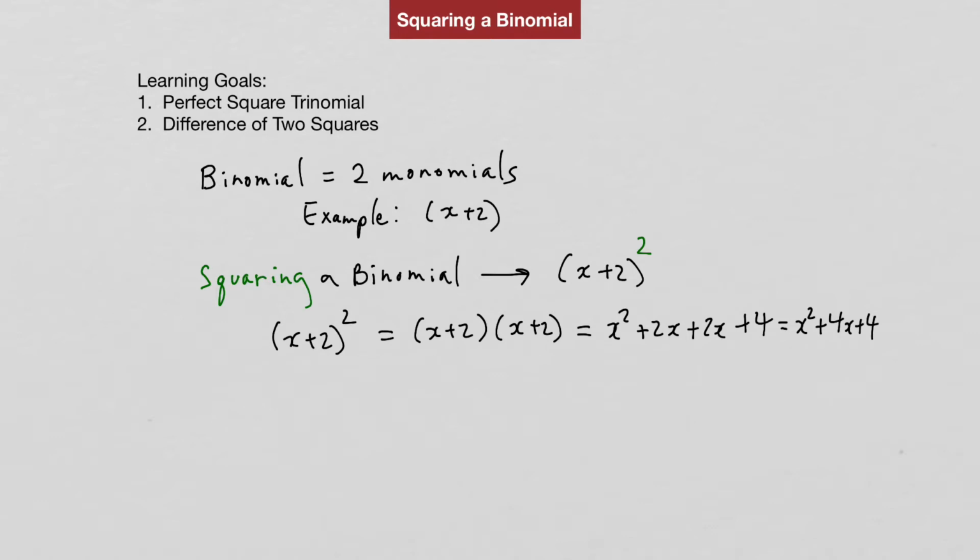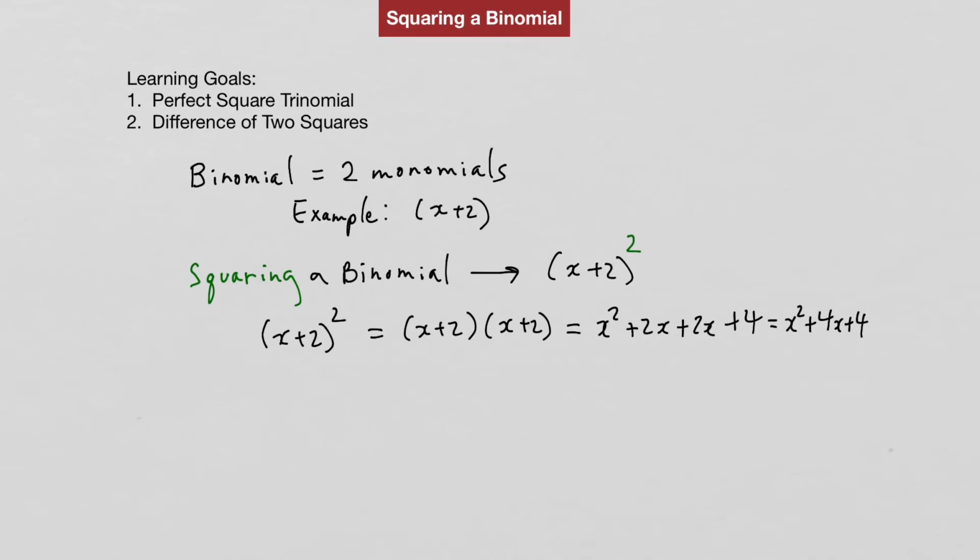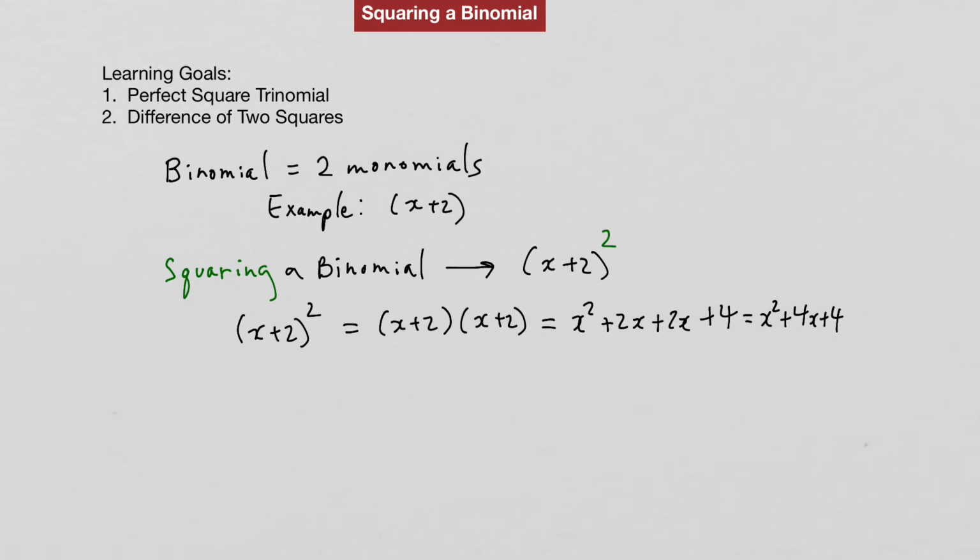Let's do another example, and hopefully once we go through a couple more examples, you'll start to see the patterns. Let's say we have x plus 3 squared, which we know is x plus 3 times x plus 3. Using the FOIL method again, we would get x squared plus 3x plus 3x plus 9.